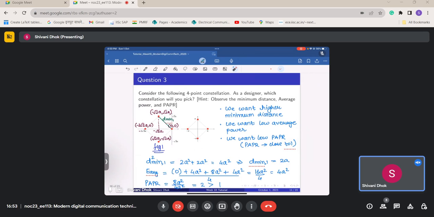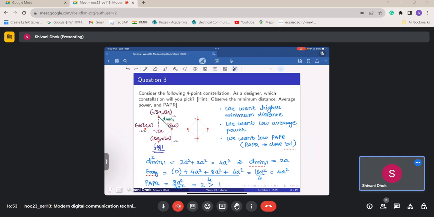But if I can burn more energy, if I can compromise with this PAPR, which may not be the case every time, which may not be a favorable case, then even if I'm having a significantly lower probability of error, still I may not be able to go.